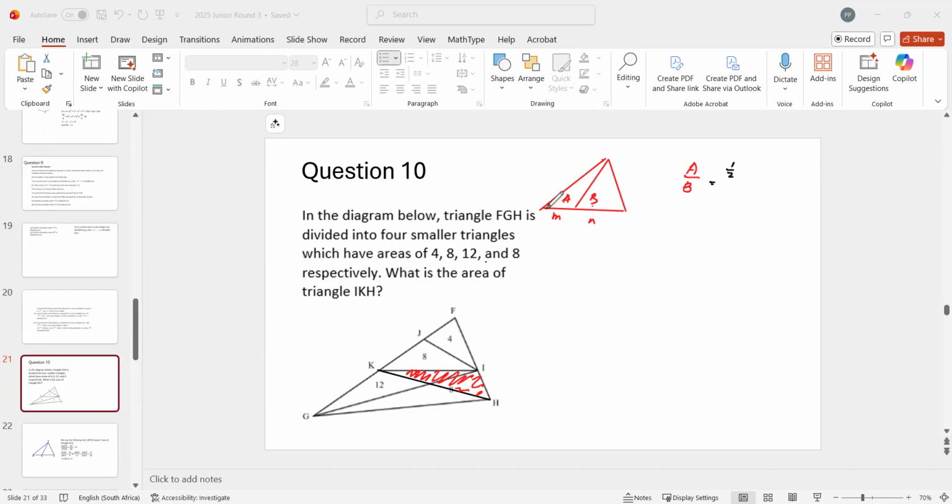Now, for area A, the base is M, times the height. And the height will be the perpendicular height from that vertex to this base. If I draw it, it's actually this one here, the perpendicular height. So the area of triangle A is half the base times the height.